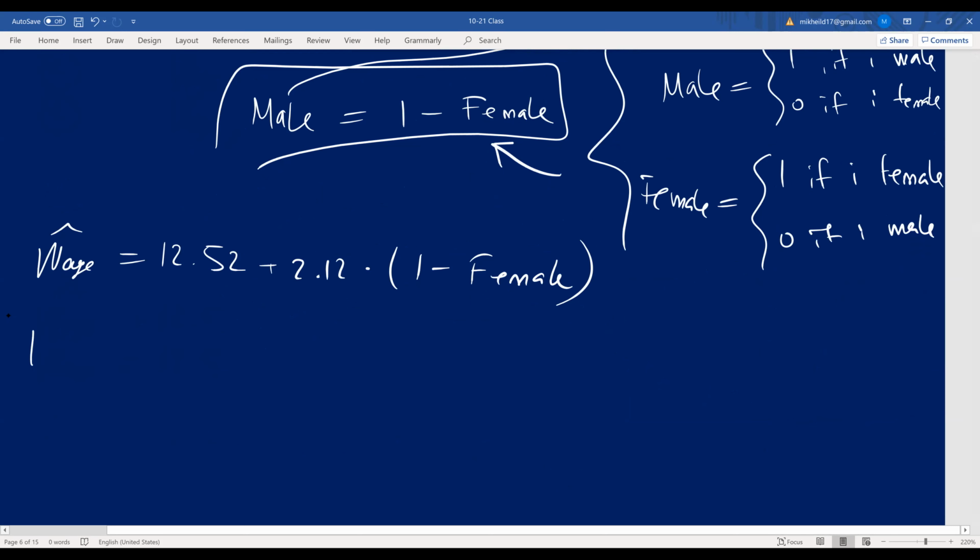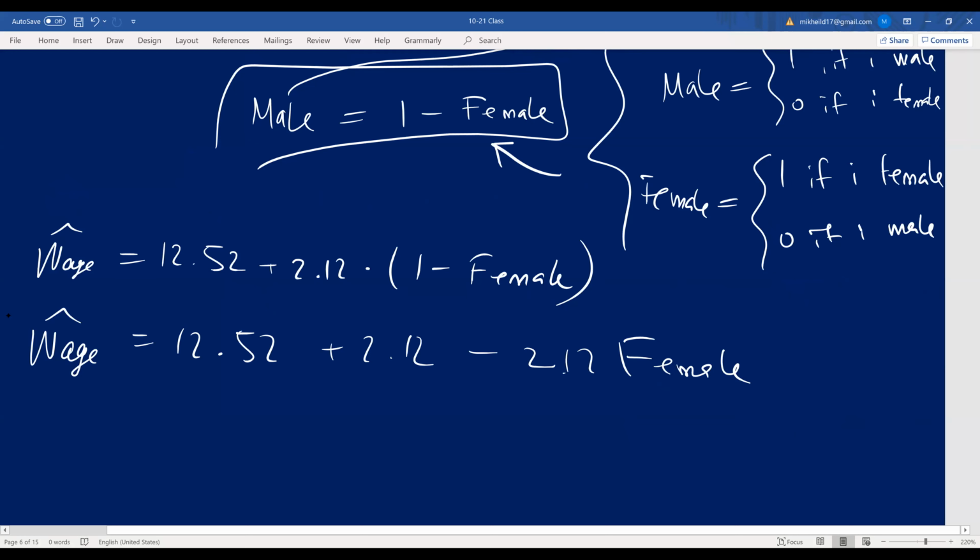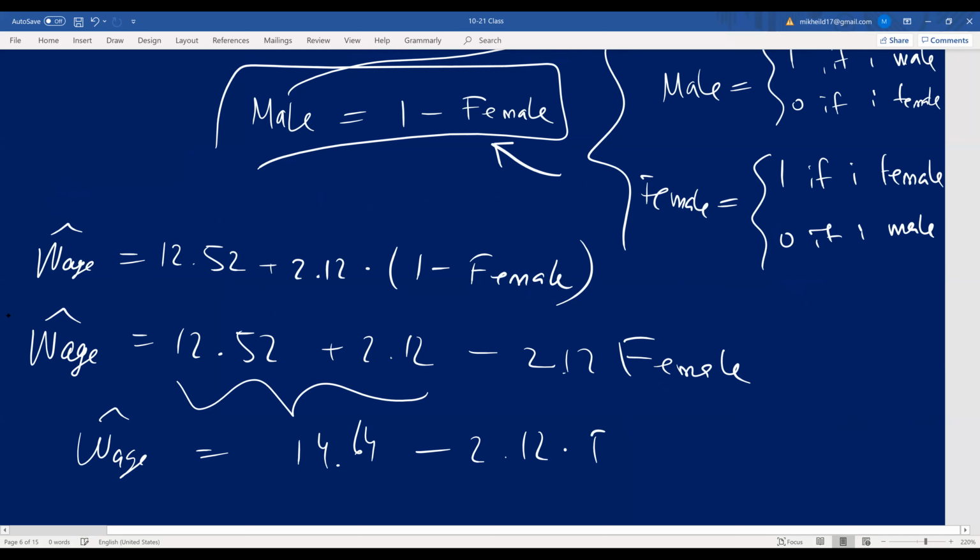So we get 12.52 plus 2.12 minus 2.12 times female. Then wage hat equals, and you add these two, 14.64 minus 2.12 times female.